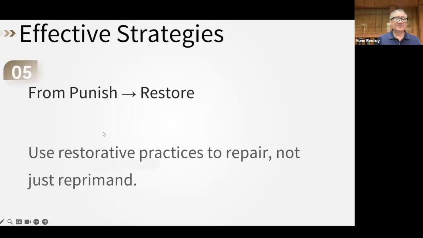Finally, number five, from punishing, let's go for restoring, using restorative practices to repair, not just to reprimand. When we hear or we see a student doing an act of disrespect, we will have to change our line.